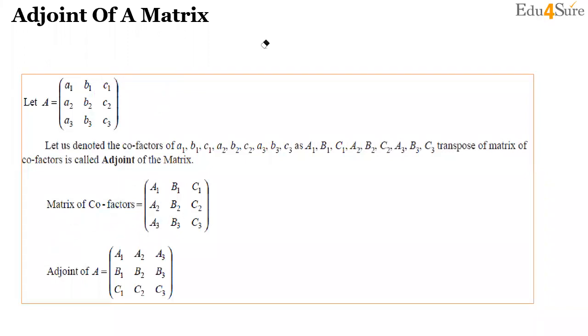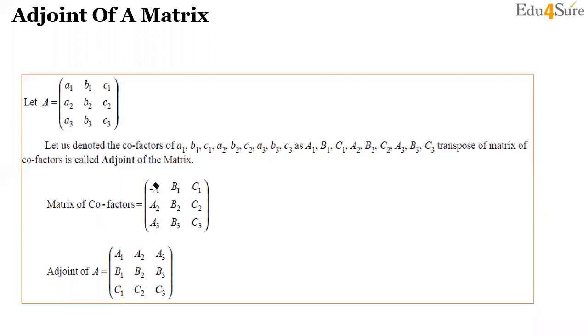In my previous lecture I explained how to find the adjoint. Once you find the cofactor, you just have to transpose this matrix, and you will get the adjoint of A. I repeat once again: once you find the cofactor, just transpose it.